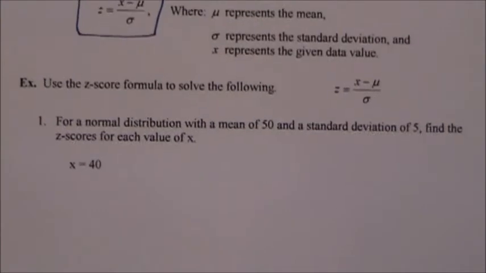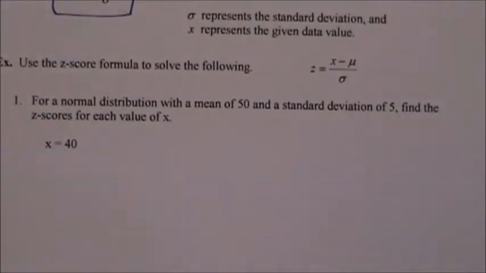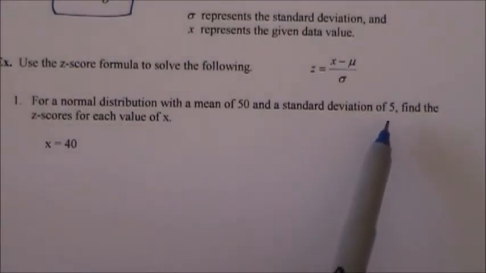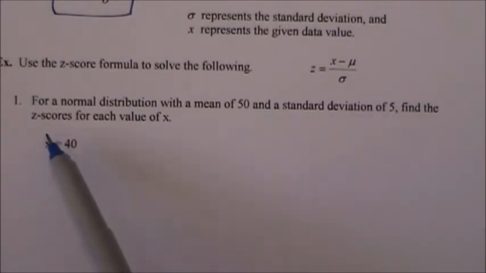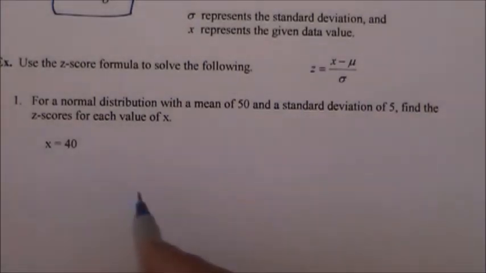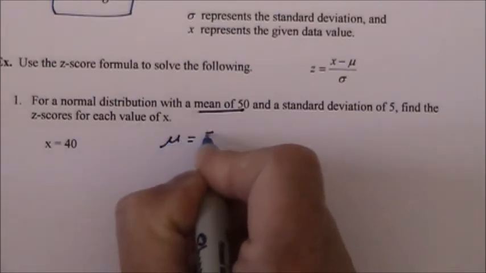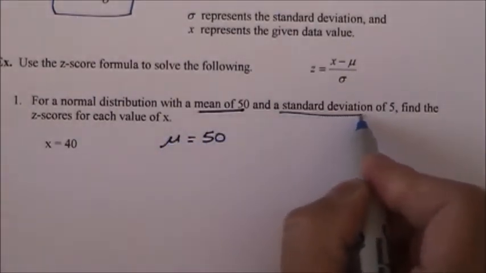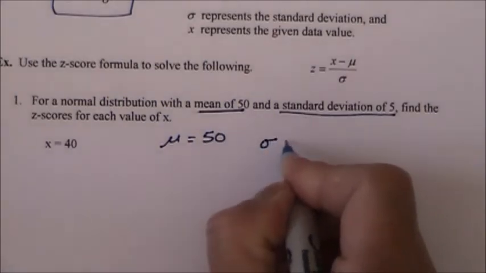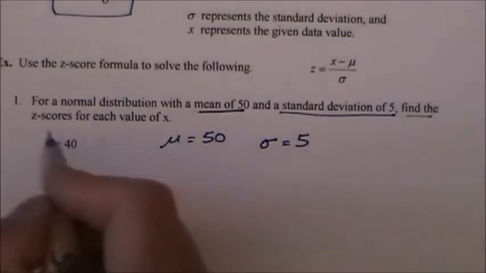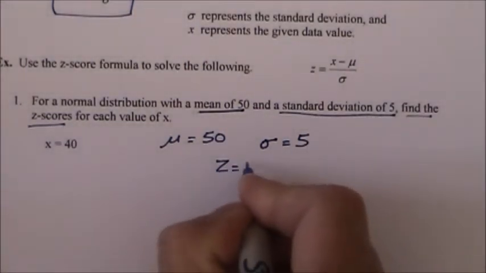As we look at our first example, it says for the normal distribution with a mean of 50 and a standard deviation of 5, find the z-score for the value of x equals 40. So as we go to look at this, we have a mean of 50, so that tells us that this is 50. Standard deviation of 5 tells us this is equal to 5, and we already know our x. It says find the z-score. So z is a question mark.